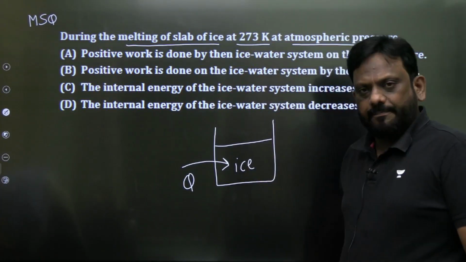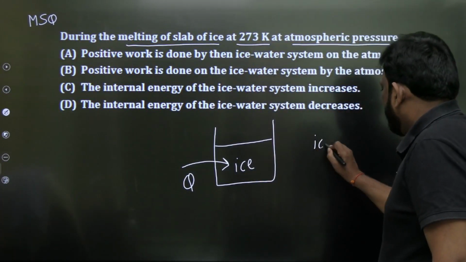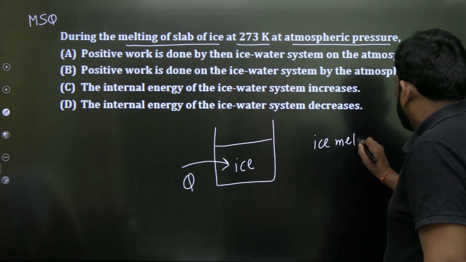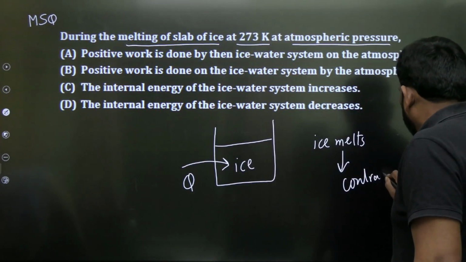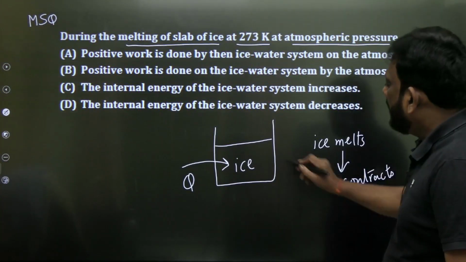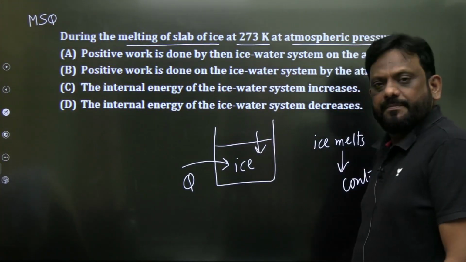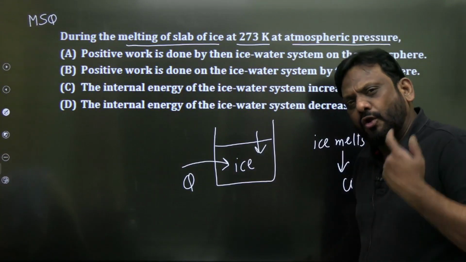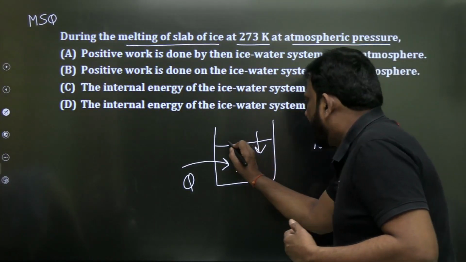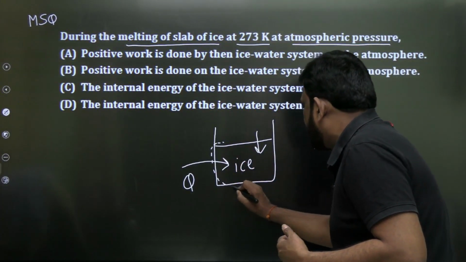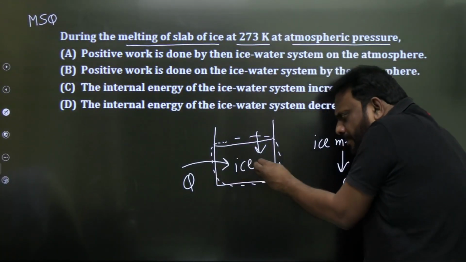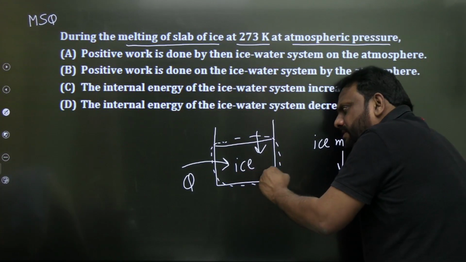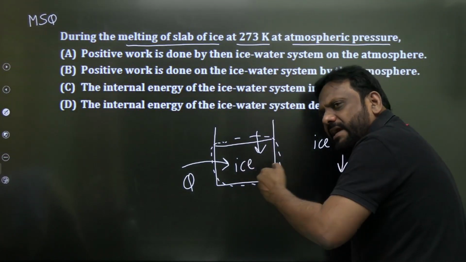Then it starts melting. You know, my dear students, when ice melts, it contracts. When it contracts, the volume decreases. Means if I take ice as a system, it is absorbing heat, and thereby it is converted into liquid, that is, it is melting.